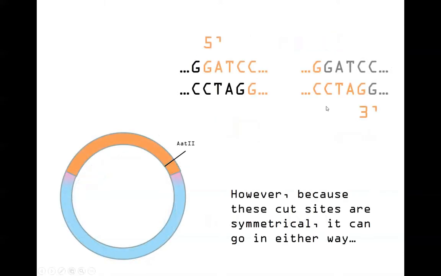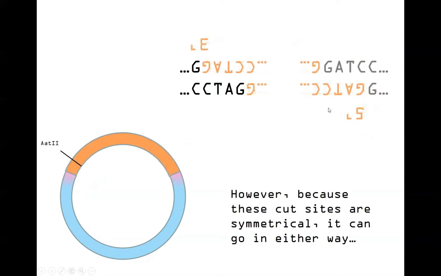This is the original way that we put it in. There's actually nothing preventing this from flipping around, okay? And so you can see I've just actually rotated this. So this is kind of upside down the way we had it before, but the beginning of the gene is over here now, okay? And it can still base pair just as easily.